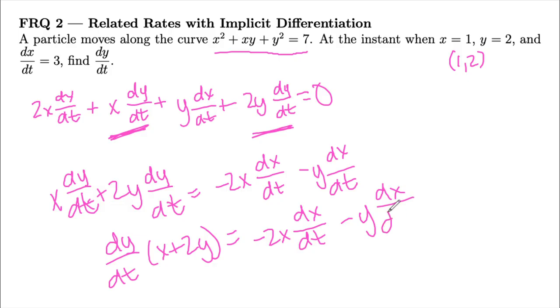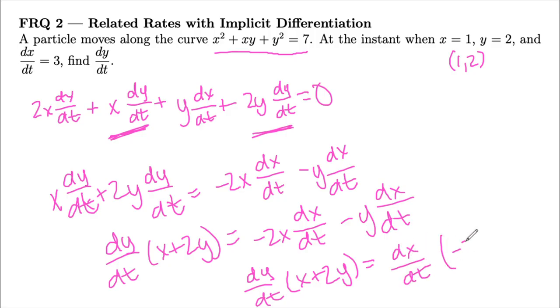Now I'm actually going to factor out my dx/dt as well, just because it's going to make it algebraically slightly simpler. So dy/dt times (x plus 2y) equals dx/dt times (negative 2x minus y).